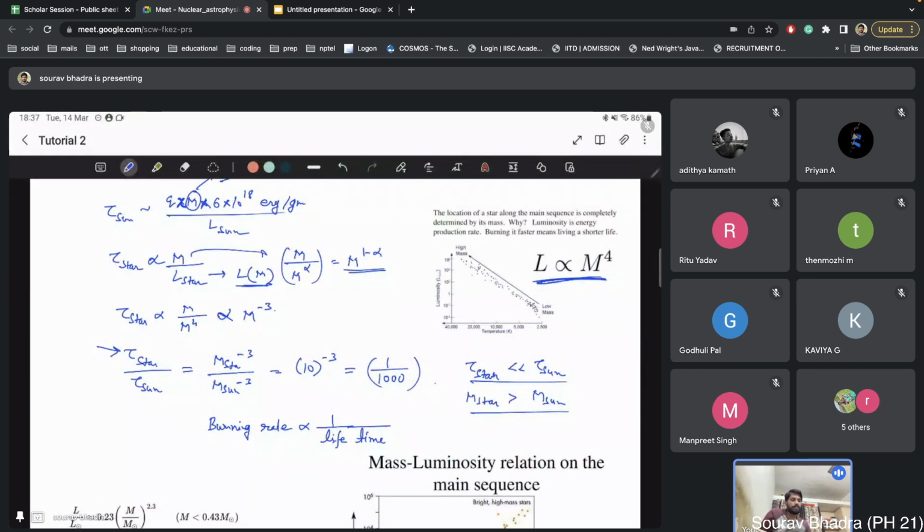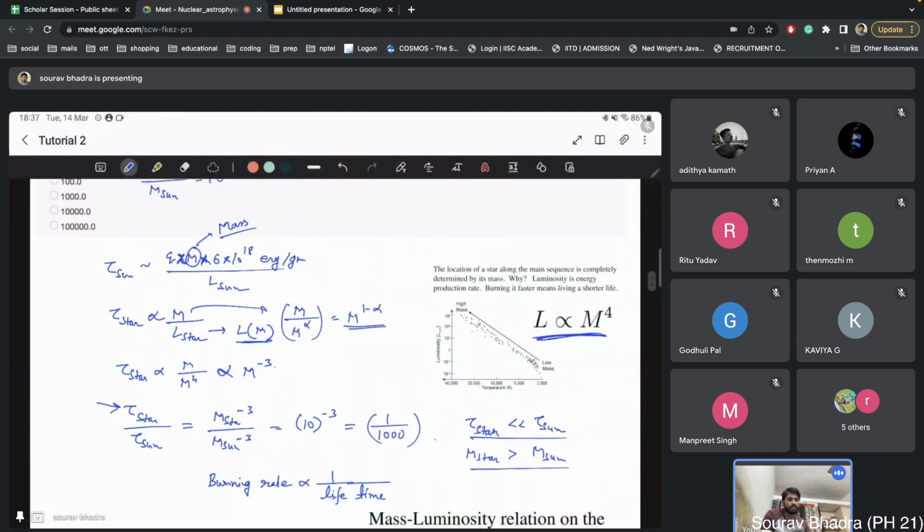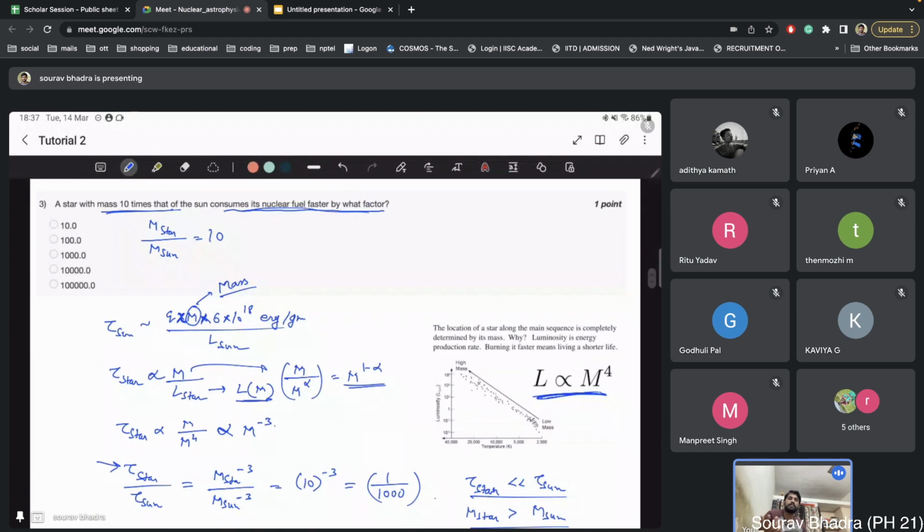We have calculated the lifetime will be 1 by 1000 times. That means the burning rate of this star will be 1000 times that of the sun. It is the reason why the lifetime is lower, because of a higher rate of burning.